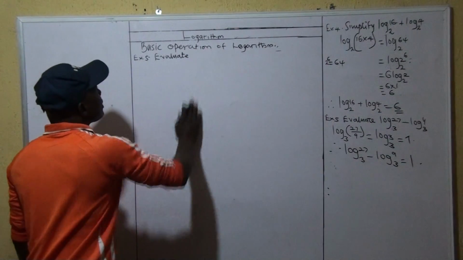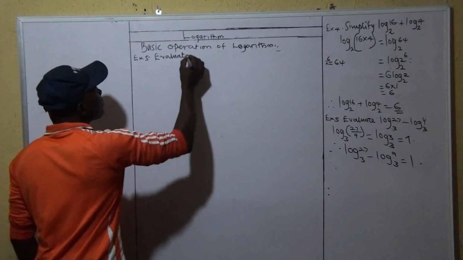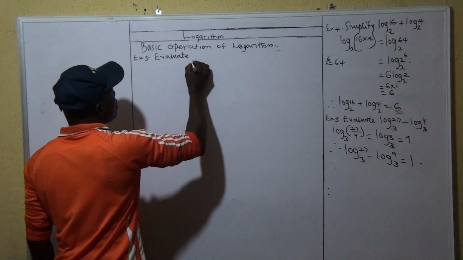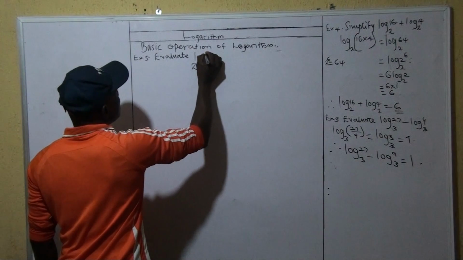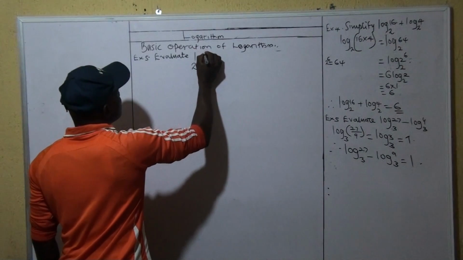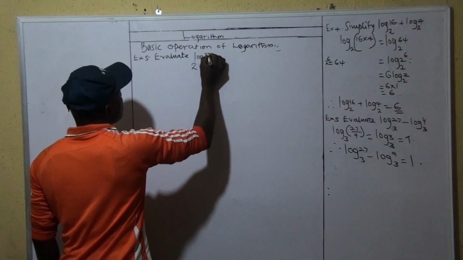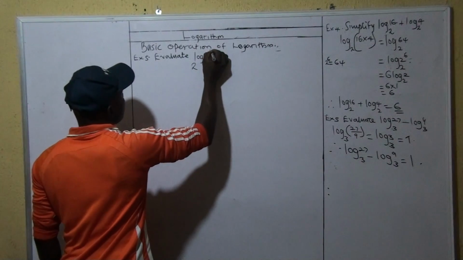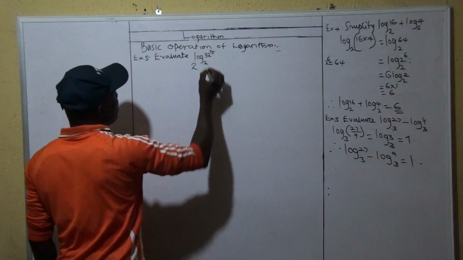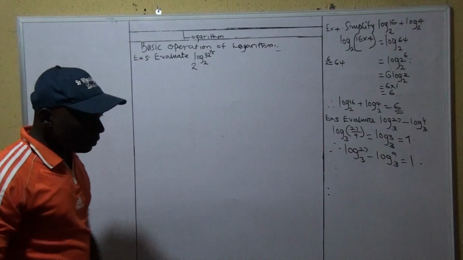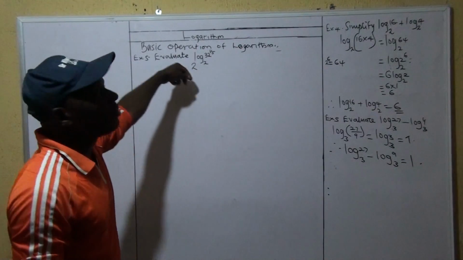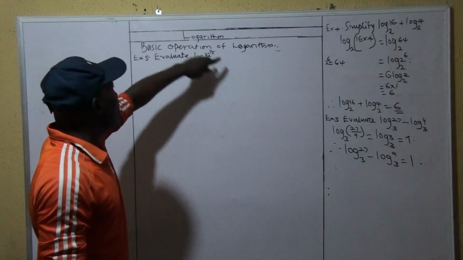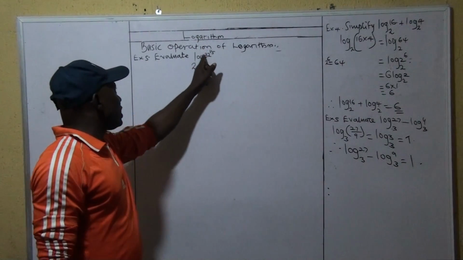Okay, let's look at this. Evaluate 2 raised to power log of 32 raised to power 1 over 5 in base 2. You are asked to do this, like I said the other time, that if you have a log of this nature, your answer is just everything here.